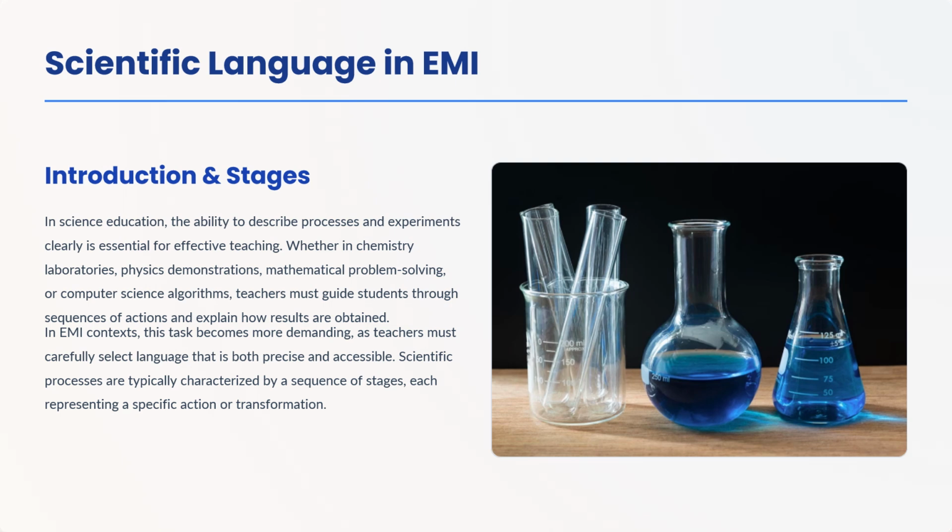As a result, sentences such as "the solution is heated" or "the data are analyzed" are preferred over active forms. That is to say, they are preferred over the active voice in grammar. This allows teachers to present information in a more objective and formal manner, which is typical of academic communication.